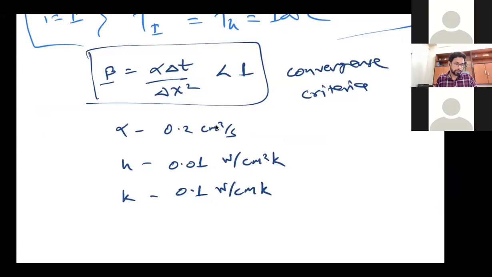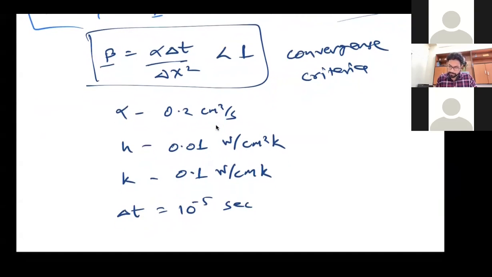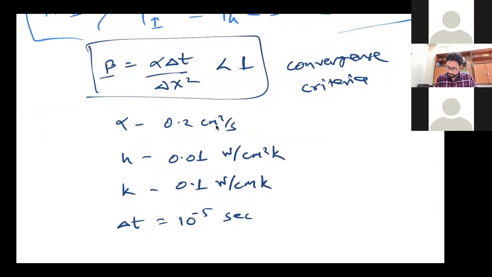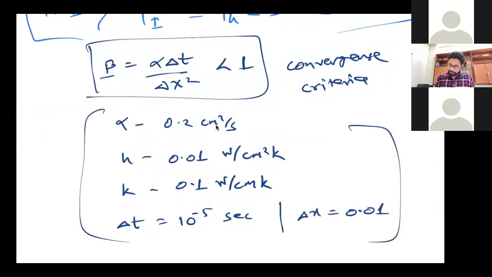But for our code, I think we will define delta t as 10 to the power minus 5, which is quite small, but it's important to have a very small number. Okay, and delta x as 0.01. So these values are set.